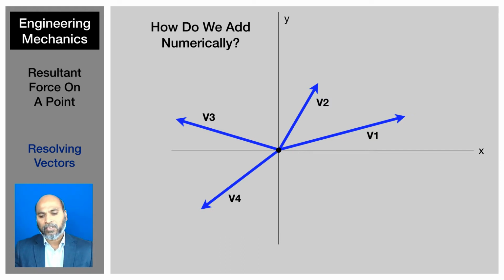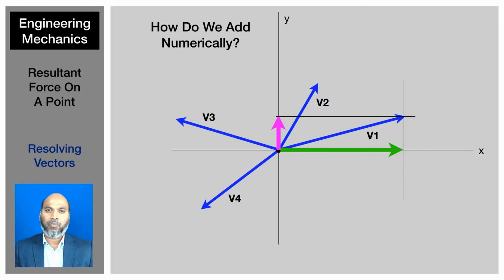How do you do that? Let's take V1 as a vector. The green arrow that you see here is the x component of the vector V1, and this magenta one here is the y component of the vector V1. All that you need to do is draw a parallel line to x and to y at the tip of the arrow, and then you can draw from the origin the x component and the y component.